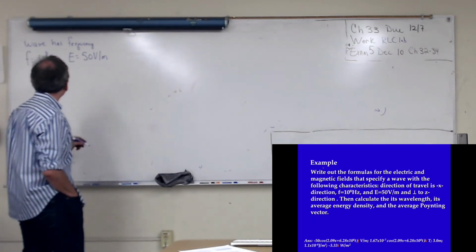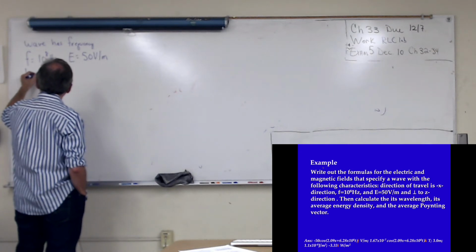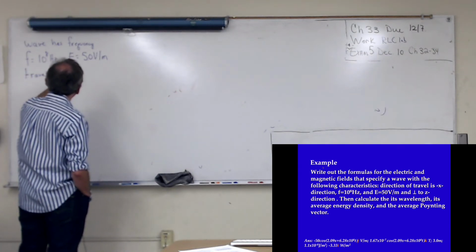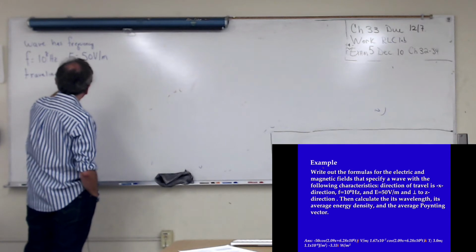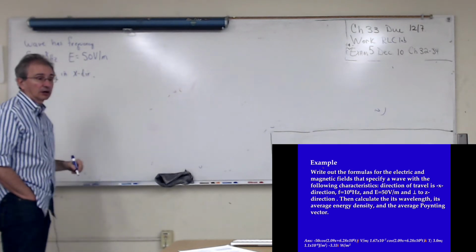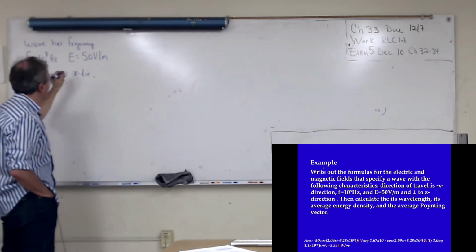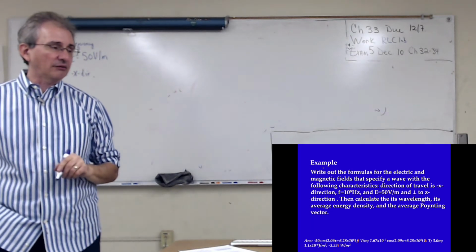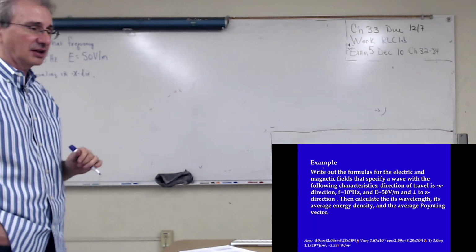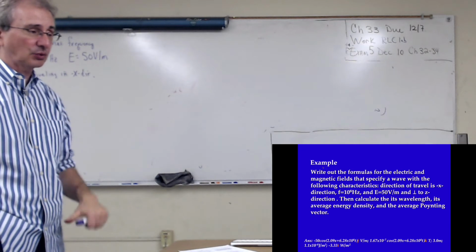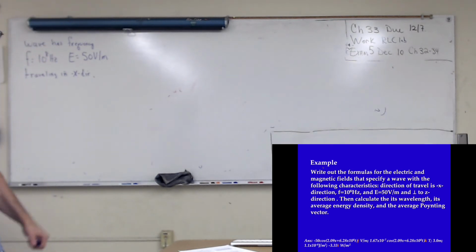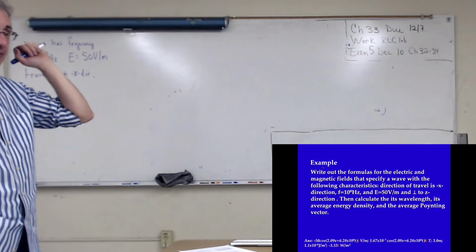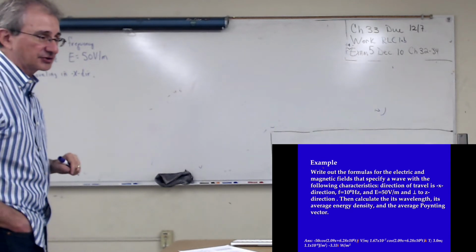The wave is traveling in the minus X direction. I want to know the wavelength of the wave, the average energy density, the Poynting vector. I want to write down the equations for the electric and magnetic field. I'm also told that the electric field is perpendicular to the Z direction.